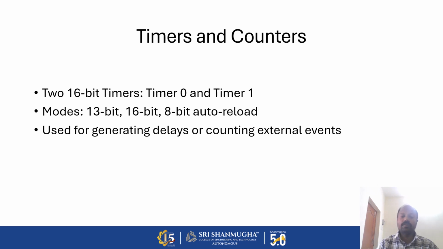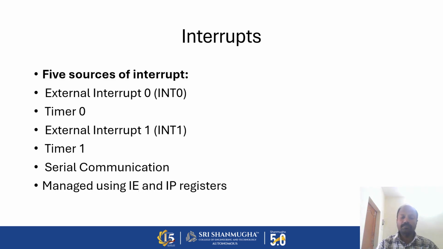The most commonly used mode is the 16-bit mode. It is used for generating delays or counting external events. That is the major purpose of timers and counters: we can generate delays, and we can also count different events.